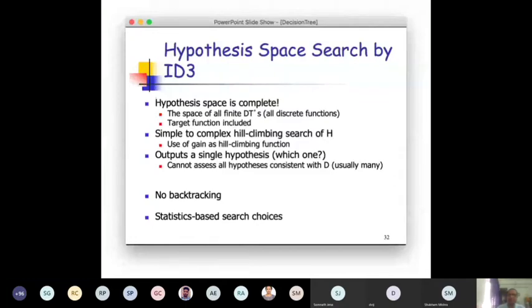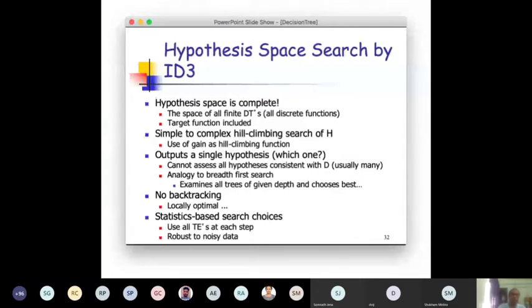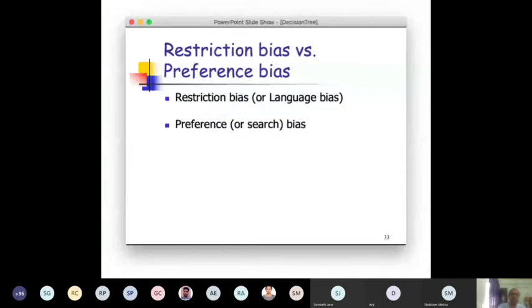But see that it is not giving all possible consistent hypotheses. It's a kind of breadth first search, as if you are looking at all trees at a given depth, choosing the best and going in that direction. And no backtracking means you are trying to get the locally optimum solution, with just statistics-based search choices.